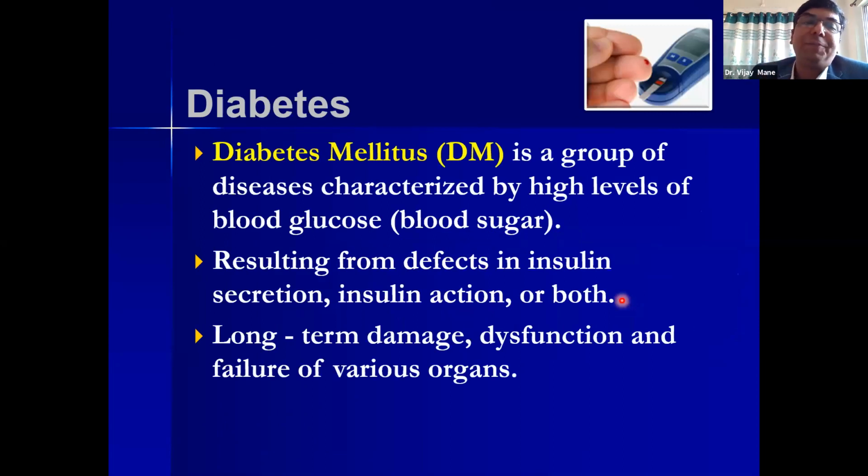Diabetes, also called diabetes mellitus, is a group of diseases due to changes in blood sugar, blood glucose. Our body is unable to create or secrete insulin properly, and because of that it creates many problems for most of the organs. And the very first organ that diabetes affects is your eyes.